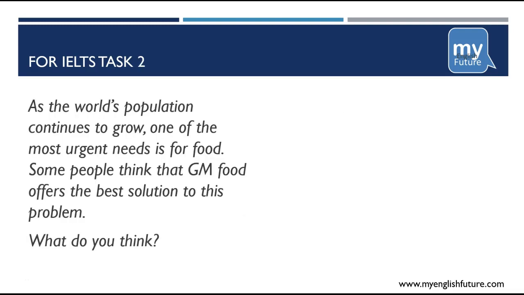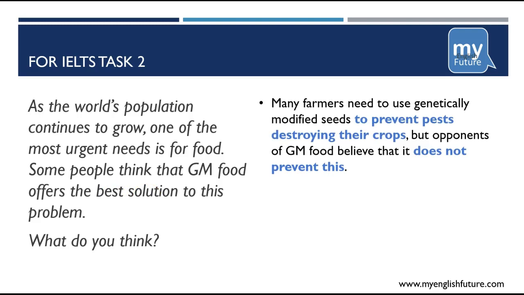And finally, what about your essay writing? Here is a task 2 essay question about genetically modified food or GM food. And the question asks if it's the best solution. Many farmers need to use genetically modified seeds to prevent pests destroying their crops.